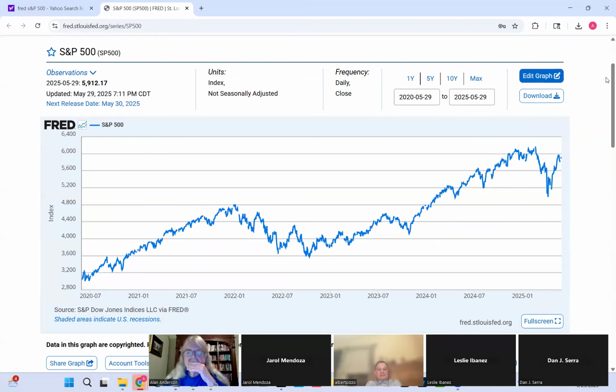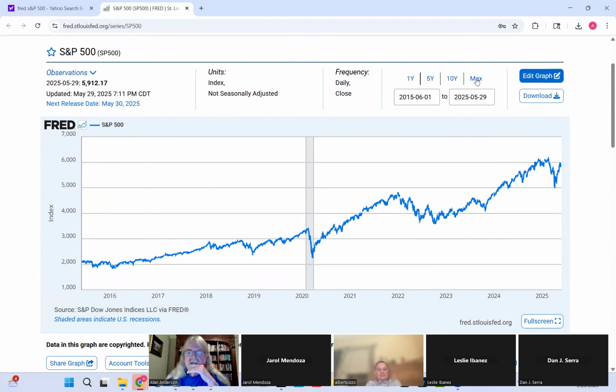Yeah. See, this is the beauty of stocks. I mean, if you know nothing about anything, if you just buy stocks and just hold on to them, there's going to be some tough periods, but really, you almost can't go wrong. Look at this.